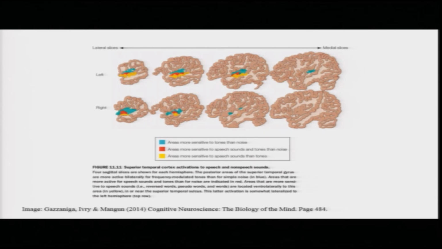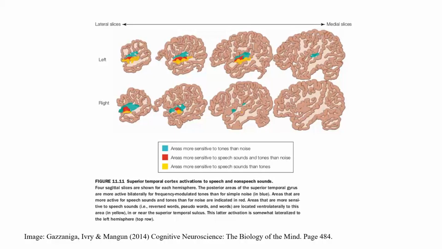In yellow you can see the areas that are more sensitive to speech than tones, and in orange the areas that are more sensitive to speech sounds and tones than noise. So, three kinds of stimuli were there: white noise, tones with different frequencies, and speech sounds. Here you can see, in the left part and the right part, exactly which are the areas where basic processing is happening.